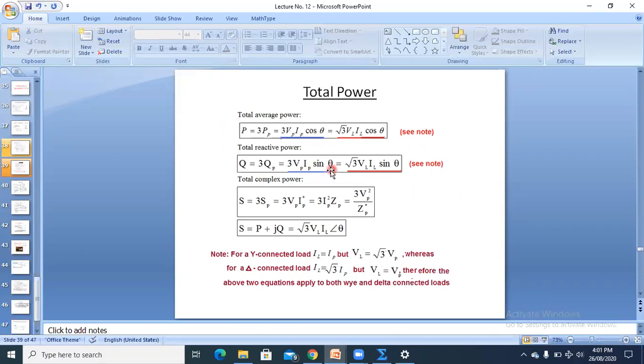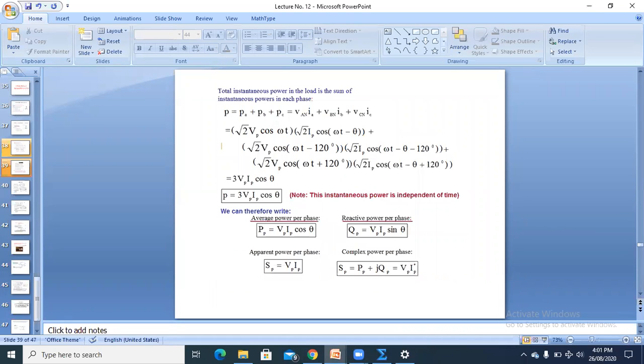So for reactive power, we have the sine theta. So how can we calculate this? This is S sine theta, and the value of S is known here.